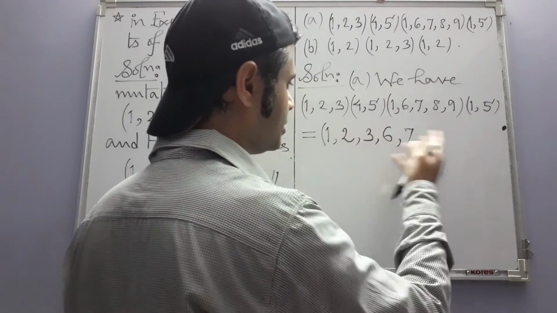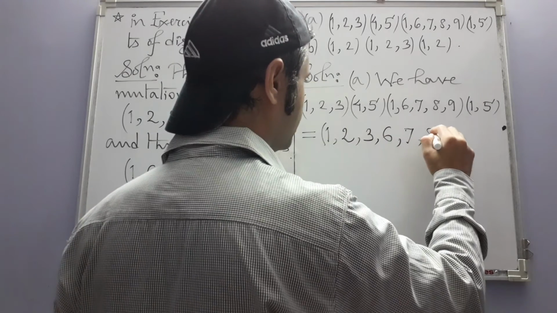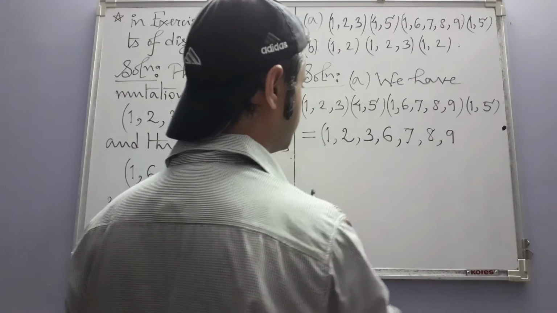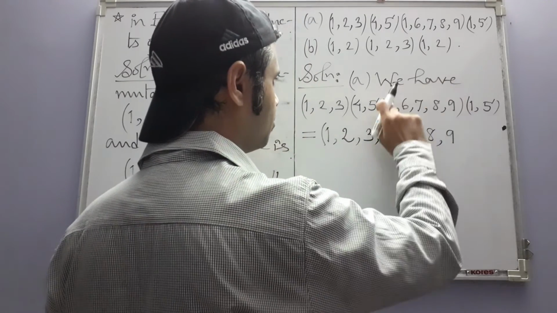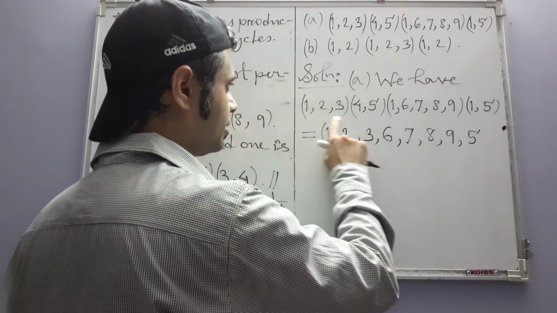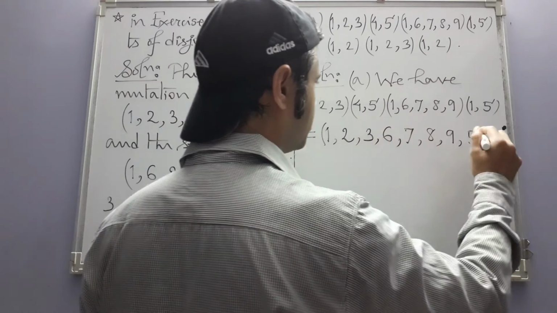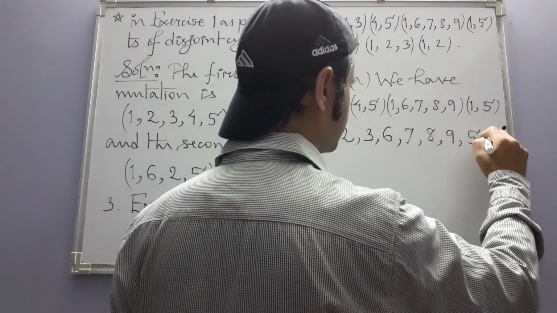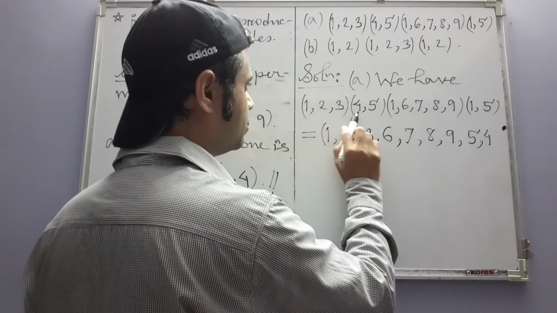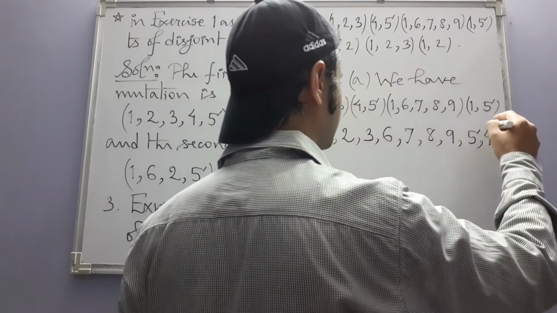Let me just write the others. 7 to 8, 8 to 9, 9 to 1, 1 to 5, that means 9 to 5, and finally 5 to 4. 4 is unchanged by the subsequent ones, so 5 to 4, then 4 to 5, 5 to 1, so 4 cycles back to 1.